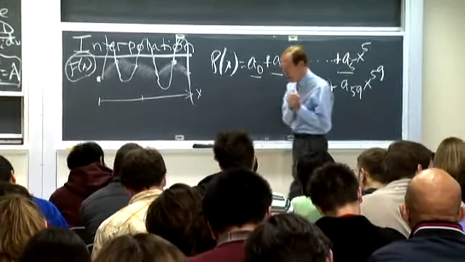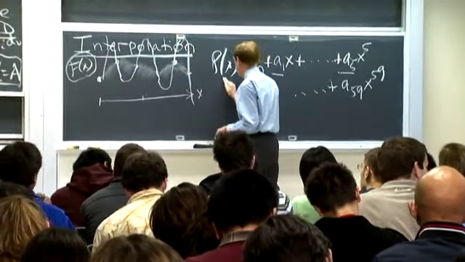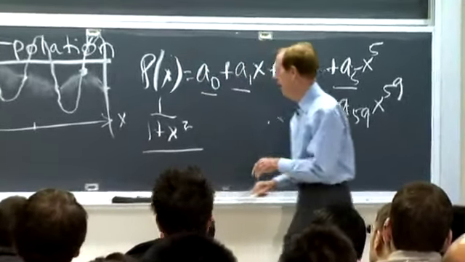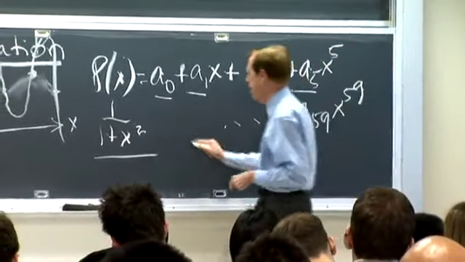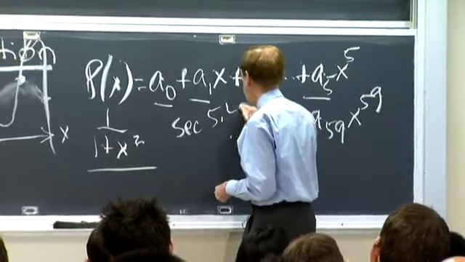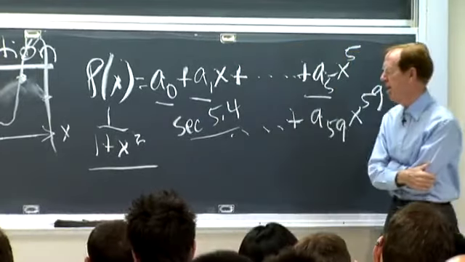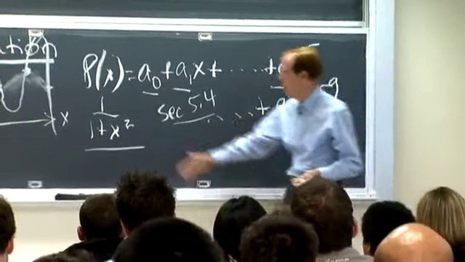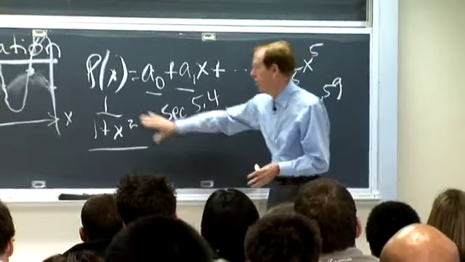And there are classical examples of that. In fact, the famous example is the function 1 over 1 plus x squared. And later, there's a figure in the book, I think it's in section 5.4, which shows the result. That's a terrific function. It's infinitely differentiable. I would even call it an analytic function. It's great.